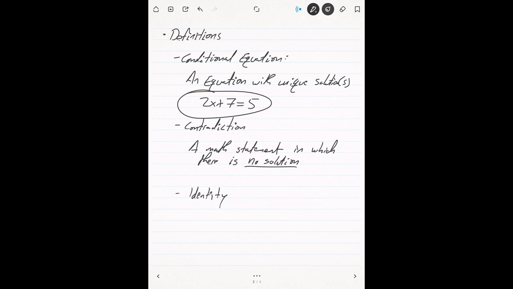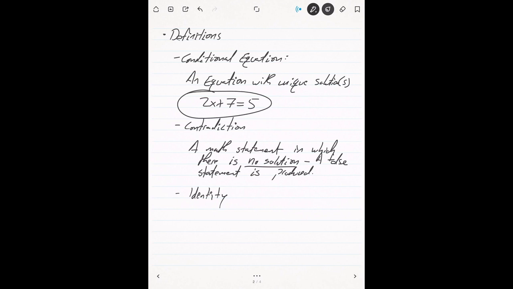A false statement is produced. What do I mean by that? We'll see some examples in just a second. A math statement in which there is no solution. You have an equation that gives you no solution, and in fact it produces a false statement. I wonder what that could mean.